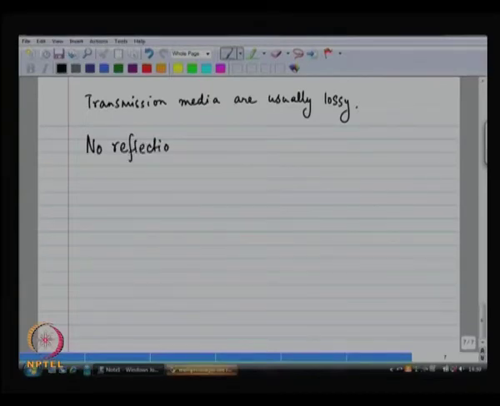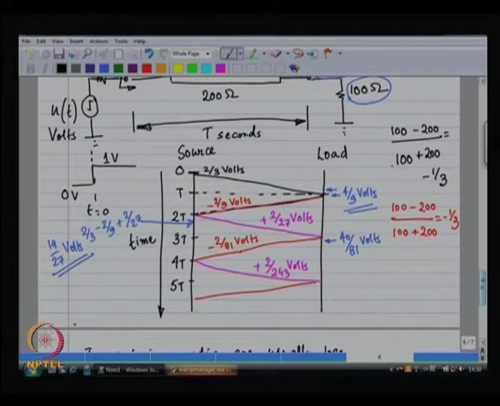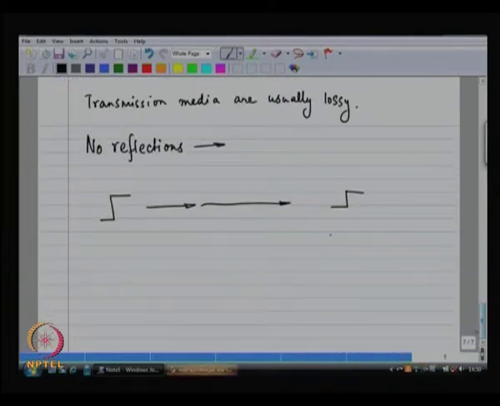When there are no reflections, if I transmit a pulse on the source side and it travels over the medium, then all that I am going to receive is a delayed pulse. So, I transmitted the pulse, I got 2/3 volts, that wave travelled all the way to the load, and from the load nothing reflected back. So, at time t, I received 2/3 volts over here.